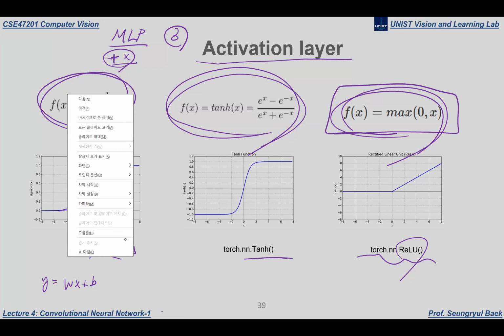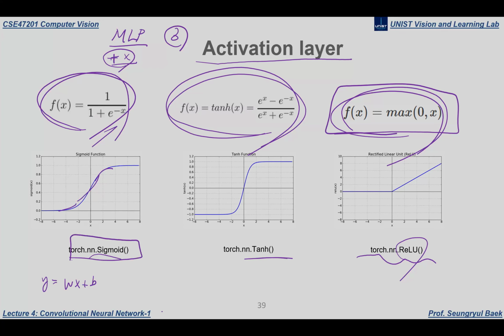And the characteristic of this sigmoid is that their x values lie from minus infinity to infinity, okay? But their y values are bounded to 0 to 1, okay? So you can see their y values are bounded by these two straight lines, okay? This is the characteristic of the sigmoid function.